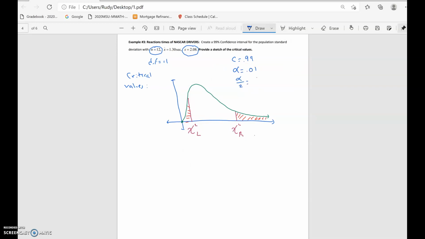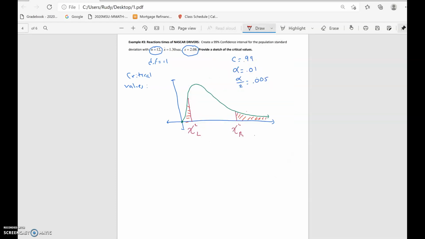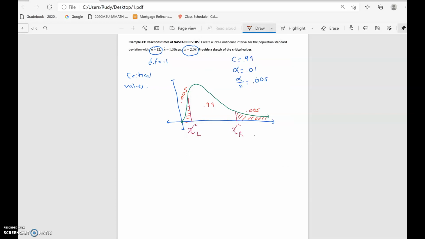That means that alpha divided by 2 will be 0.005, which in turn means that this tail has 0.005 area. This middle portion is 0.99, and this will be 0.005. As we look at the total area towards the right, the one on the right has 0.005.